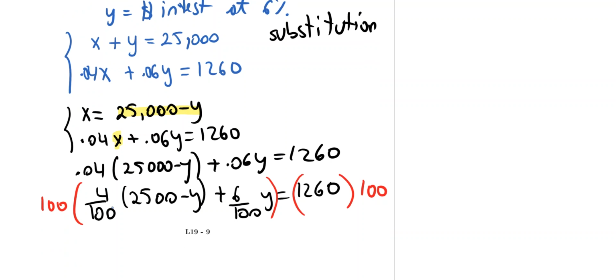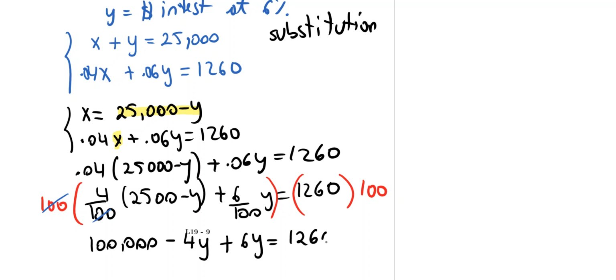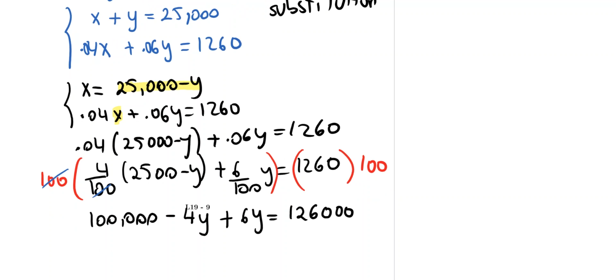So 100 times 4 over 100, the 100 goes away, so I'll have just 4 times 25,000, which is 100,000, minus 4y plus 6y equals 1260, and then add two more zeros. So negative 4y plus 6y is 2y, and 126,000 minus 100,000 will give you 26,000, and we easily get that y equals 13,000.